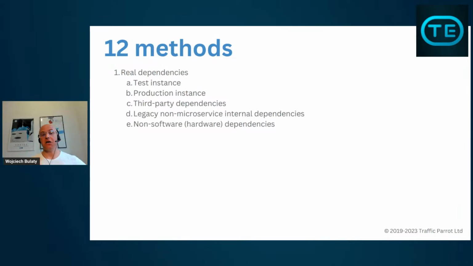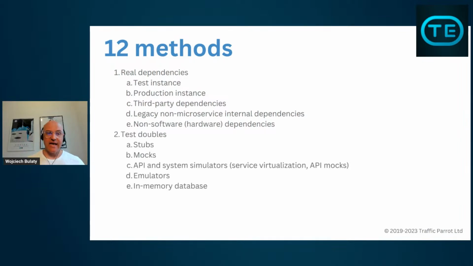So things like, I can use a test instance of another microservice when testing my microservice, etc. The second group of methods that we'll cover are test doubles, so things like mocks, simulators, emulators, in-memory databases, etc. And the third group, which I called helper techniques, will also sometimes be useful, which is things like test containers and legacy in a box.